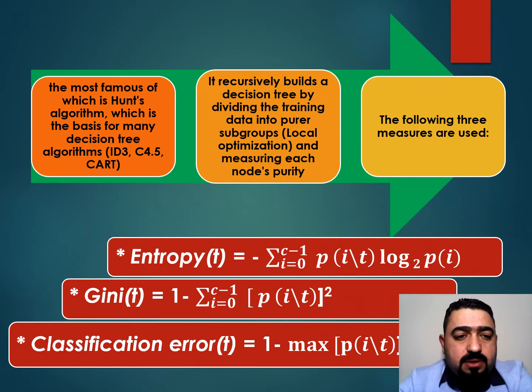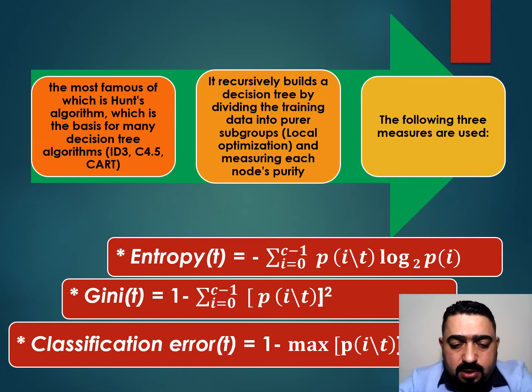The most famous of these is Hunt's algorithm, which is the basis for many decision tree algorithms: ID3, C4.5, CART. It recursively builds a decision tree by dividing the training data into purer subgroups, using local optimization, and measuring each node's purity. The following three measures are used.